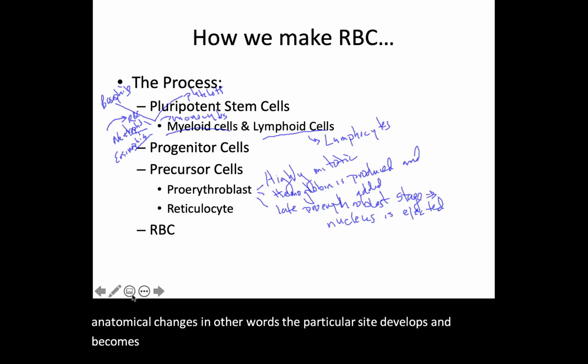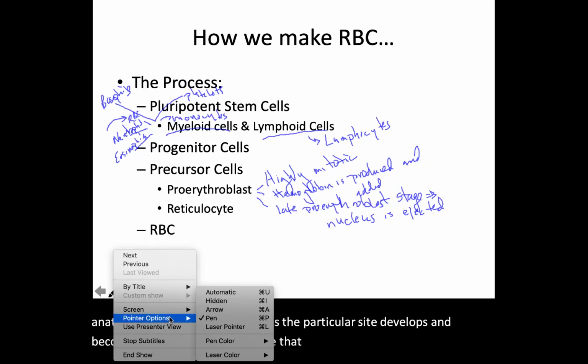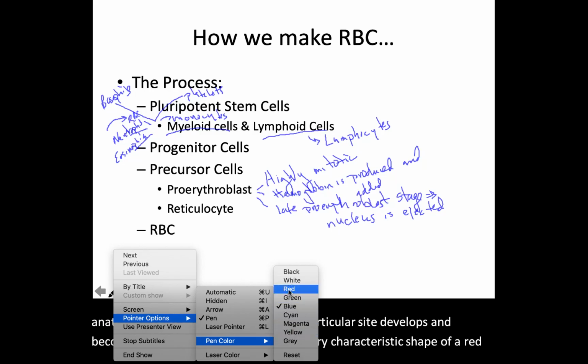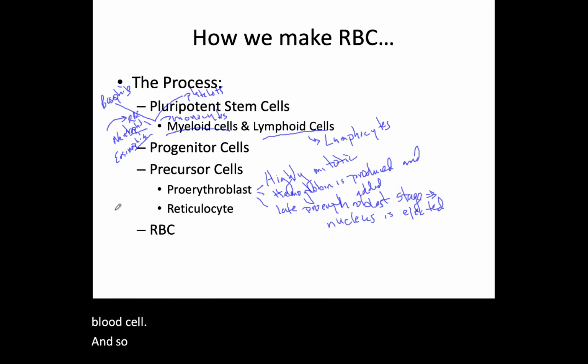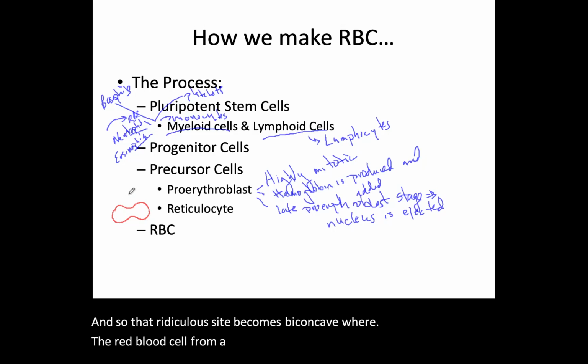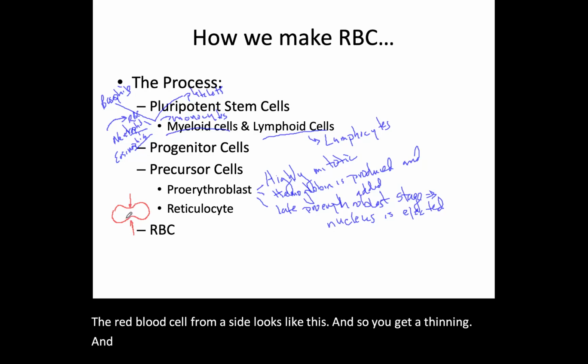And so we see that very characteristic shape of a red blood cell. The reticulocyte becomes biconcave, where the red blood cell from the side looks like this. And so you get a thinning in the middle. And this is because, again, there's no nucleus within here.